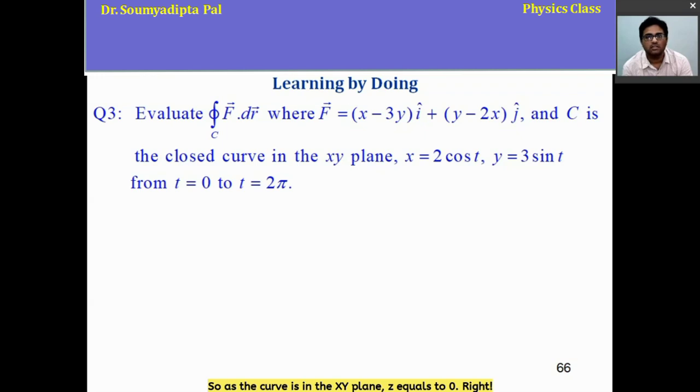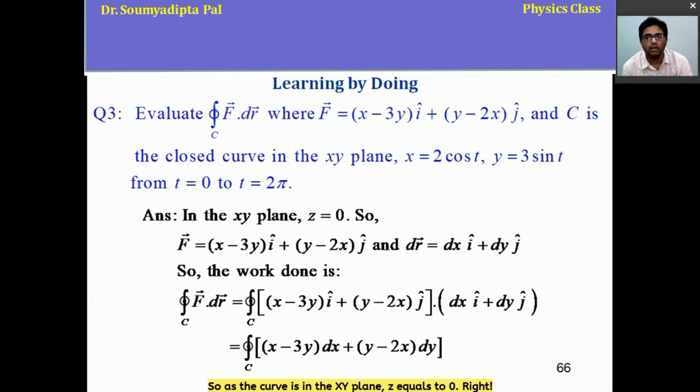As the curve is in the xy plane, z equals 0, right? So the integral can be written like this, and we have to solve this closed line integral.